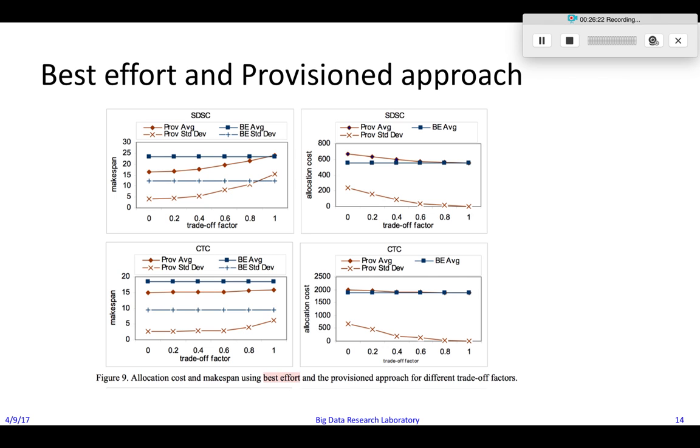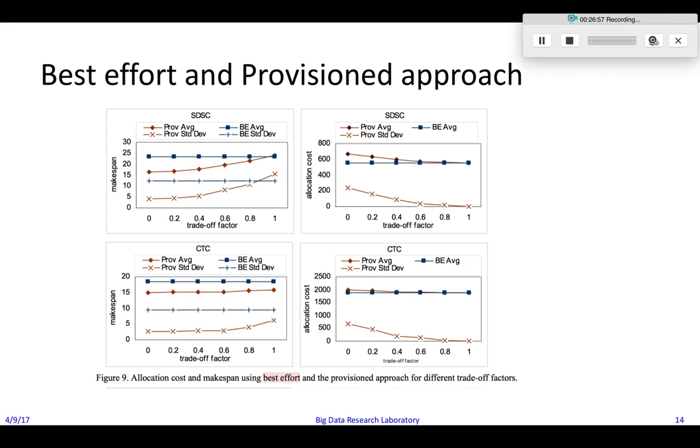Also, the fact that the makespan of the best effort is larger than the proposed method is because in the best effort method, tasks have some waiting time in the queue, based on the current workload and some other reasons.